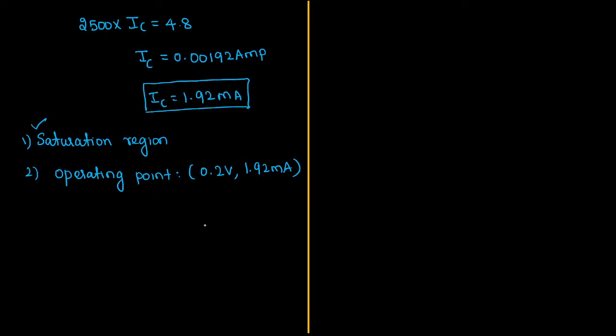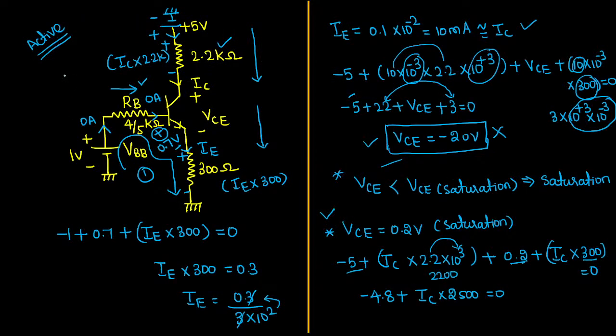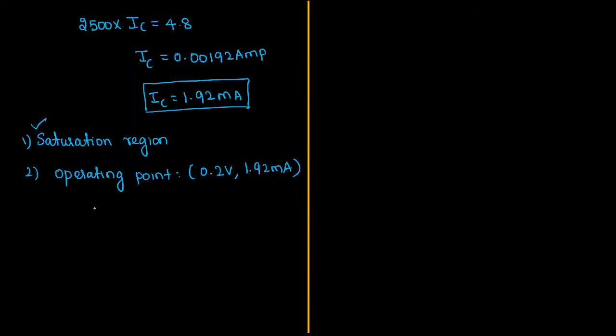I hope you all know this. See, when I was assuming the transistor is in the active region, where is the collector current? Observe this. When the transistor is assumed to be in the active region, we got the collector current value as 10 milliampere. I told you, in the saturation region, the value of IC sat is always less than the value of IC.